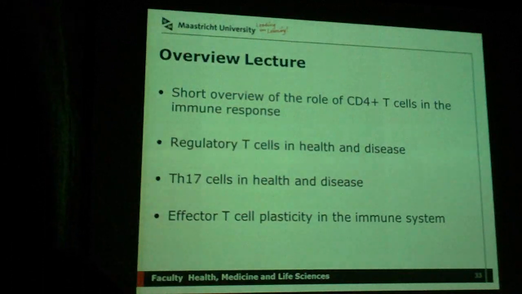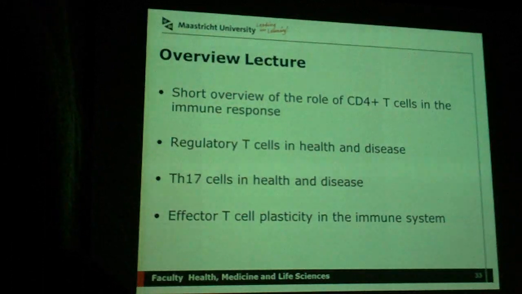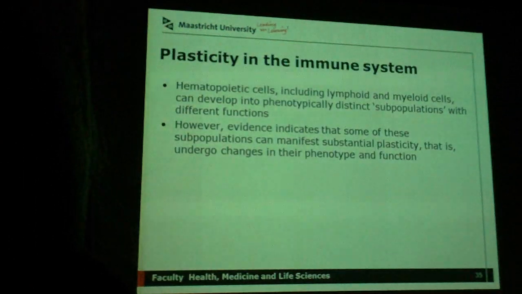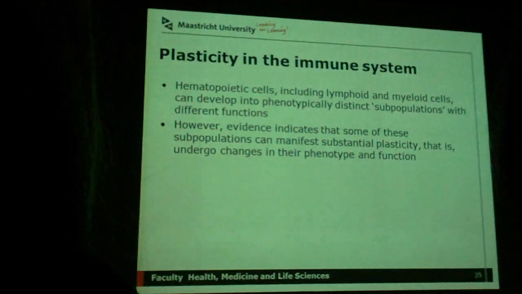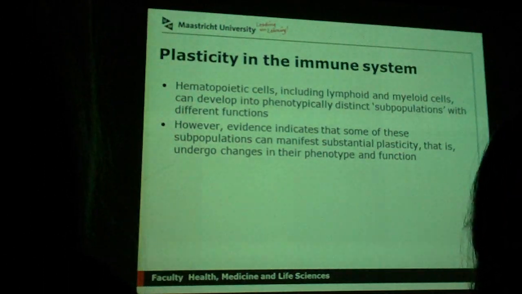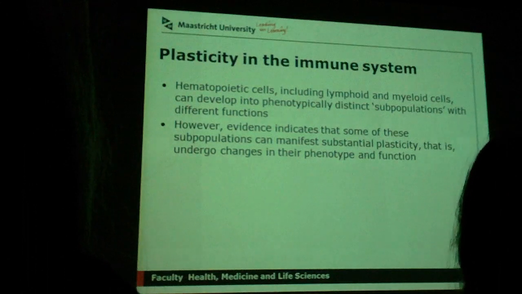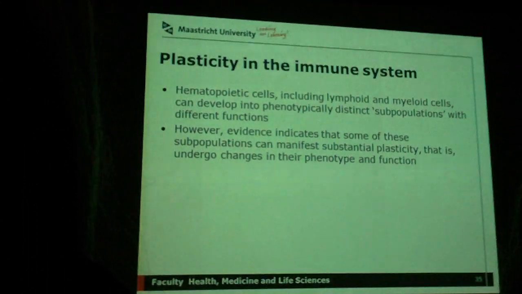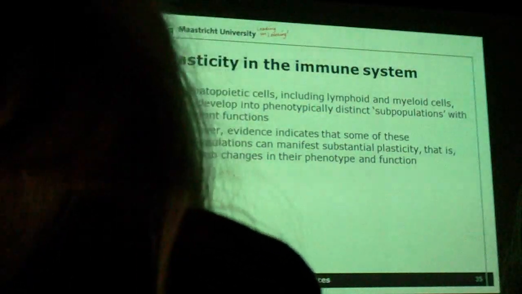Last part of the talk, T-cell plasticity. Hematopoietic cells, like lymphocytes, can, as I told you, develop into distinct effector types, subpopulations with different functions. So, for example, Th1 versus Th2 versus Treg versus Th17.